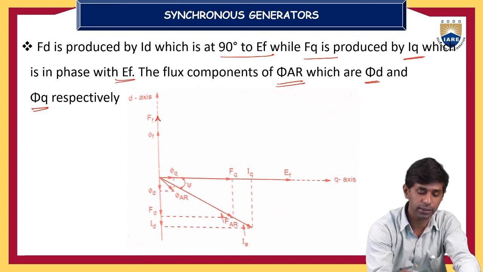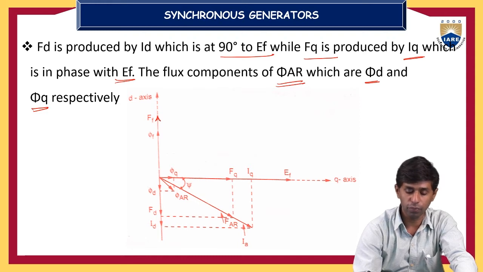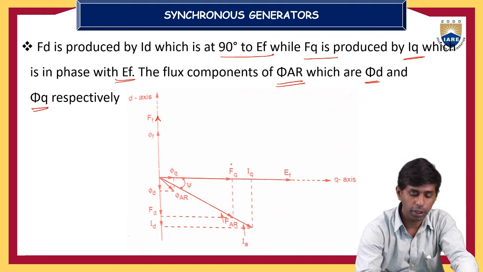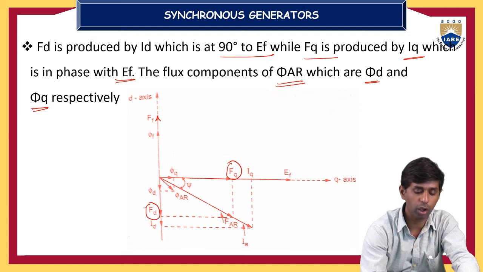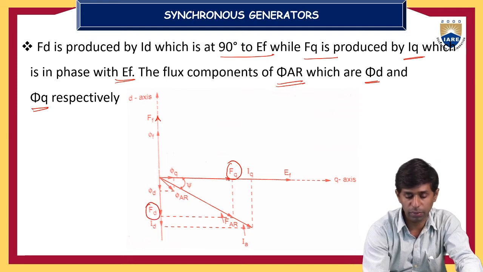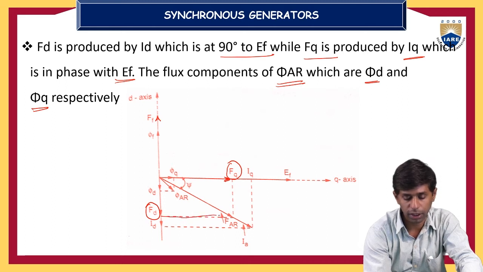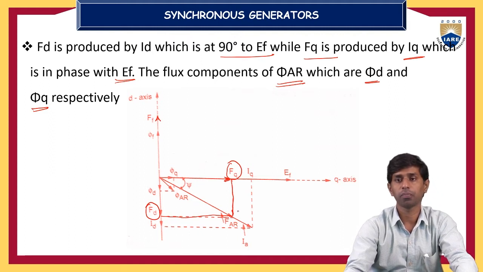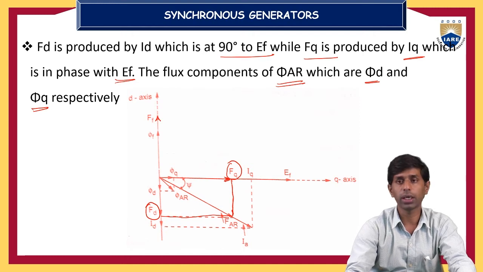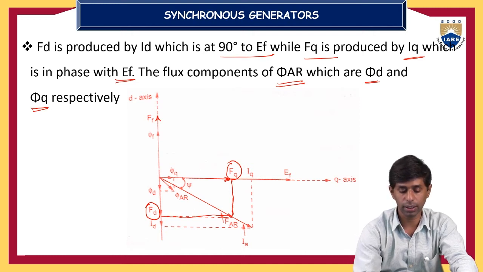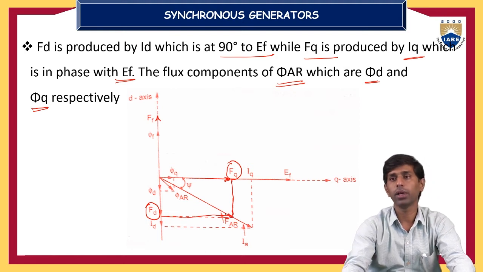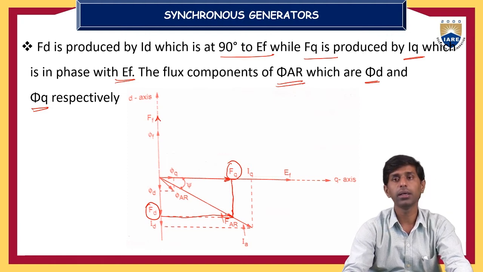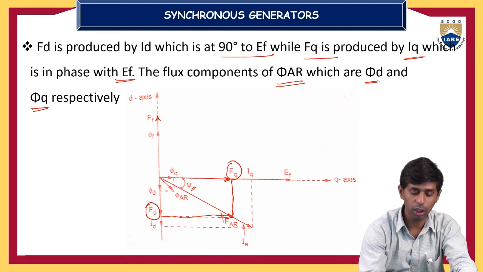Along the Q axis will be FQ, and along the D axis FD. The vector combination of these gives the MMF FAR due to the armature, vectorially along the D axis and the Q axis, which is lagging the excitation EMF by an angle psi.